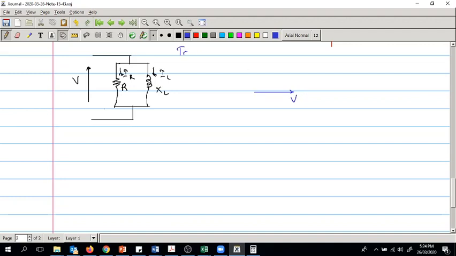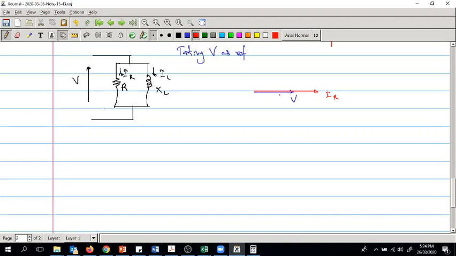So taking V as reference, voltage is drawn. Now the current phasor IR is in phase, because we know that for a resistor voltage and current are in the same phase, right? So IR is in that direction.